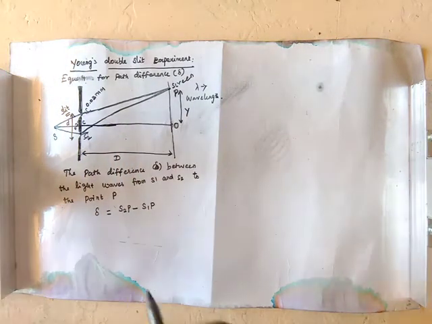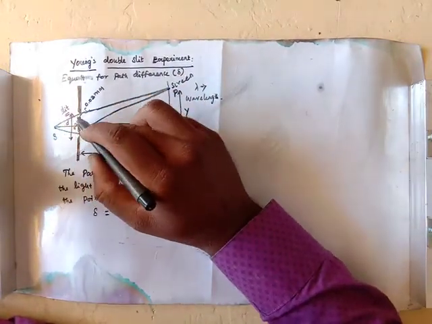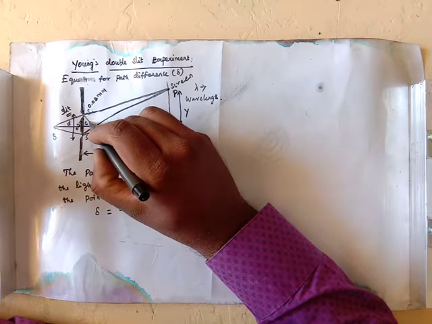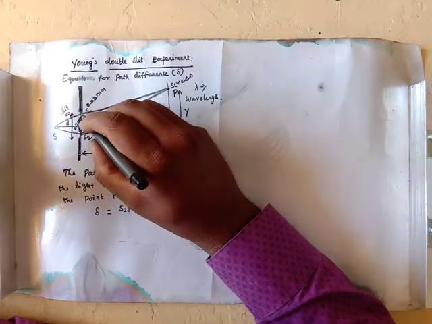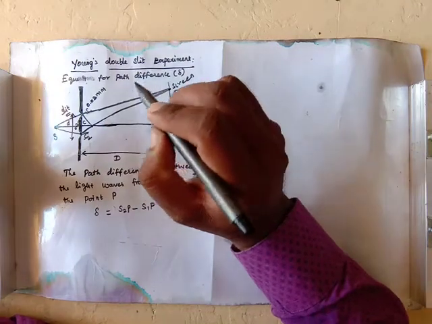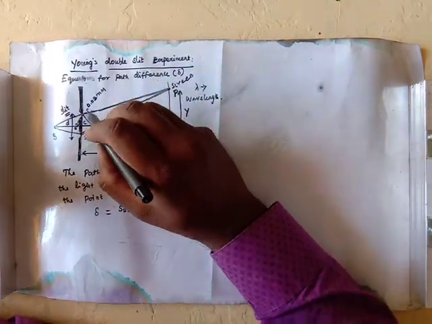To find the path difference, we draw a perpendicular line from S1 to S2P. We draw the perpendicular line to calculate the difference between the two rays, that is, the path difference between the two waves.